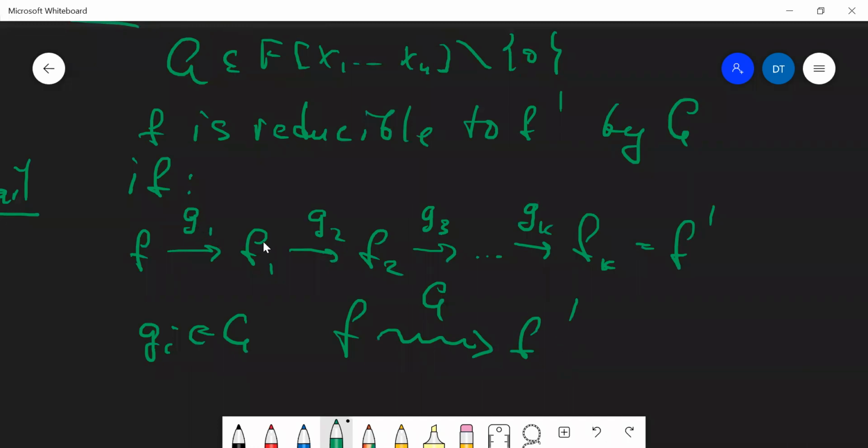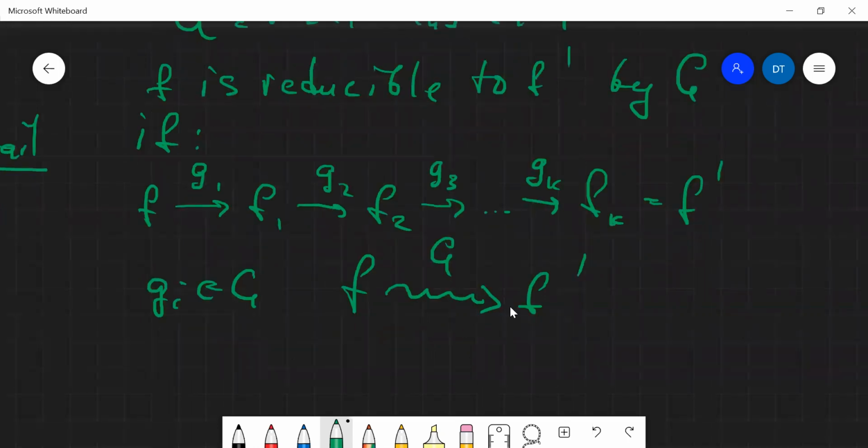Just in case, these polynomials need not be distinct. For example, G2 could be exactly the same as G1. That's the first remark. The second remark, this process need not be unique. So there could be different sequences of elementary reductions leading to exactly the same polynomial f prime. So this process is not unique in any way, shape, or form.